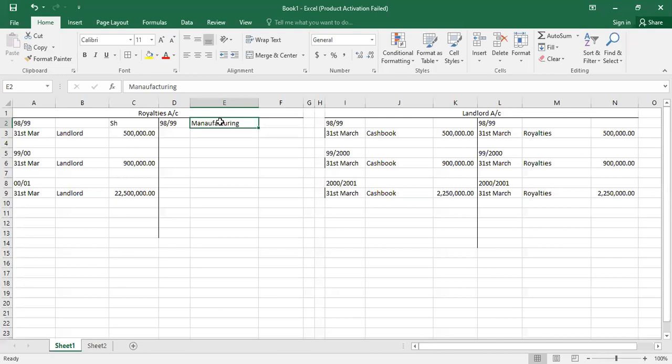Oops, I ought to have done it in the subsequent cell. So there we are. I'm closing the books. I debit manufacturing. I credit my royalties account with 500,000.